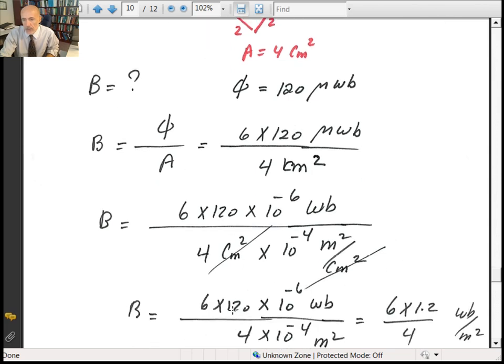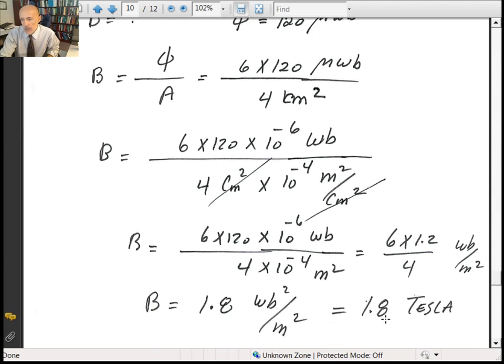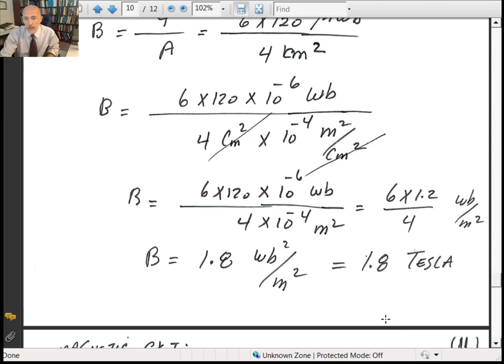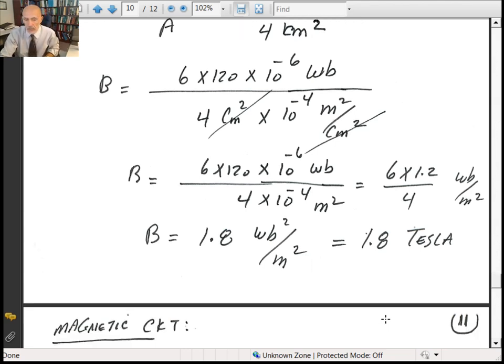So you get 6 times 120 times 10 to the minus 6, divided by 4 times 10 to the minus 4. That's Weber per meter squared, the new unit we discussed, Tesla. That gives you 6 times 1.2 divided by 4, or simply 1.8 Tesla. So that's how you calculate magnetic flux density given the flux you have; whether the area is in square meters or square centimeters, you must do the conversion.